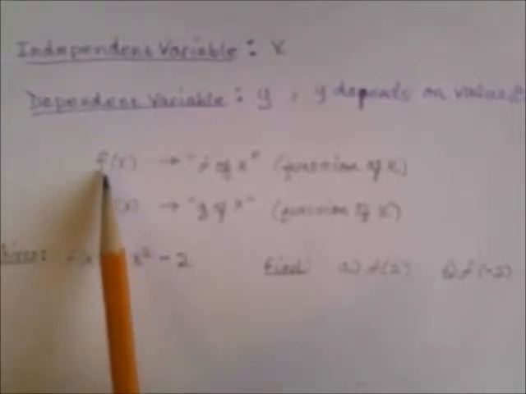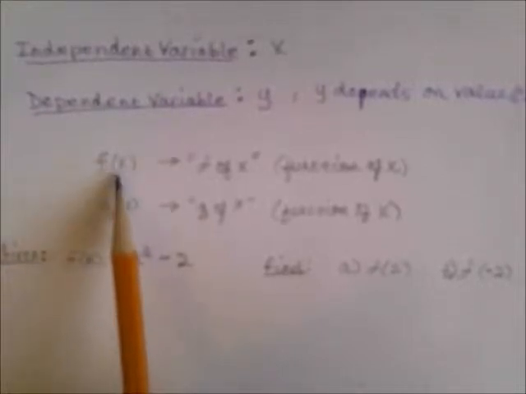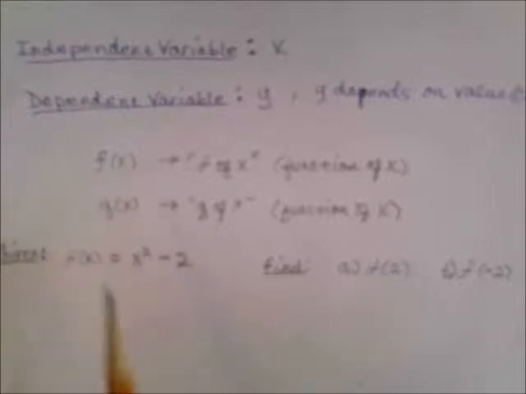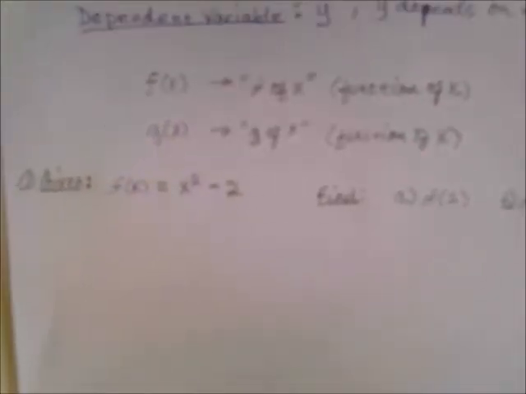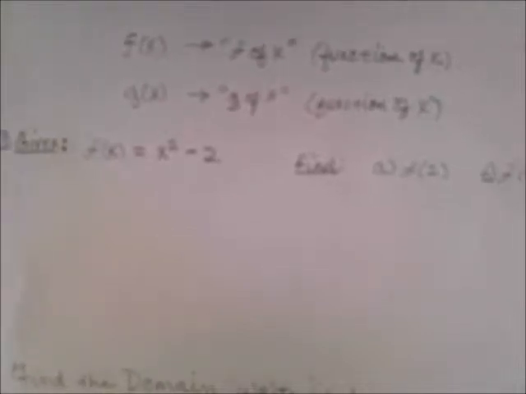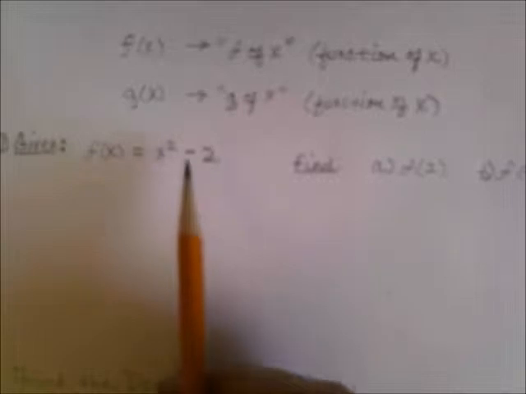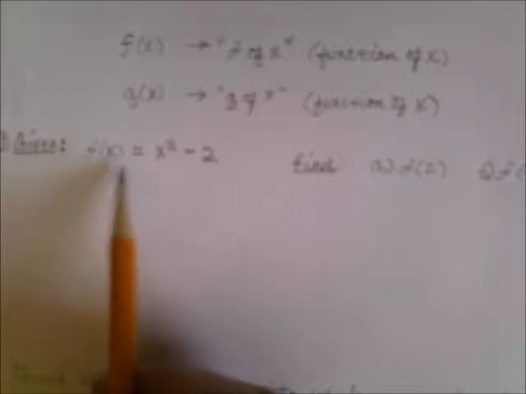So what we're really talking about here, y is the function of x. So down here where we have f of x is equal to x squared minus 2, f of x meaning y, because y is a function of x.